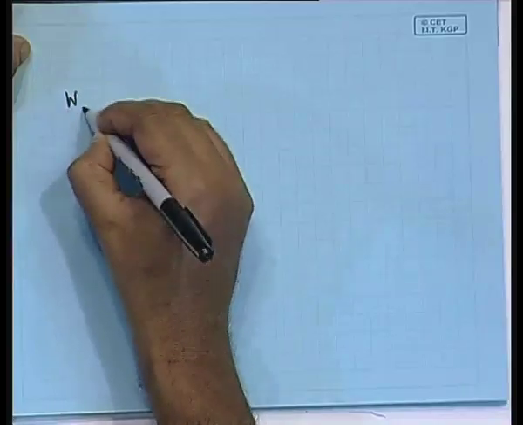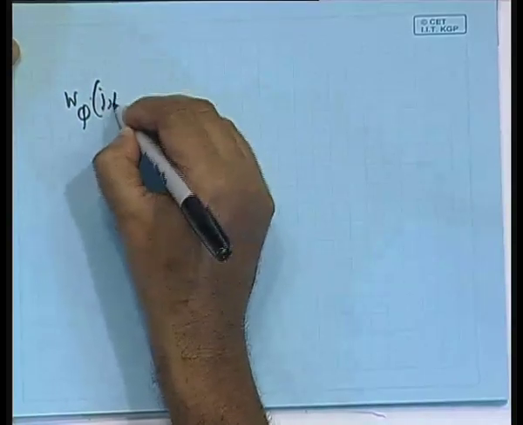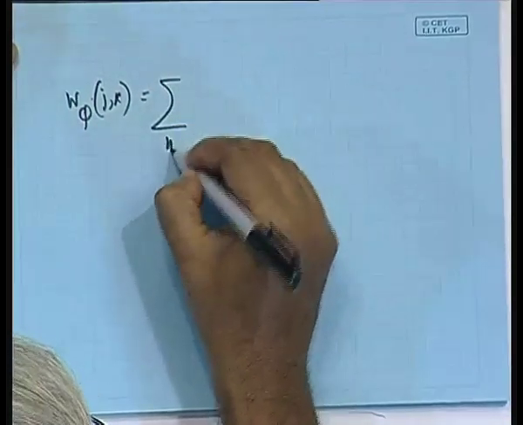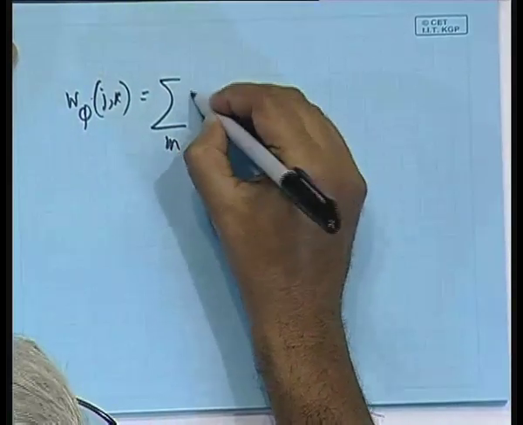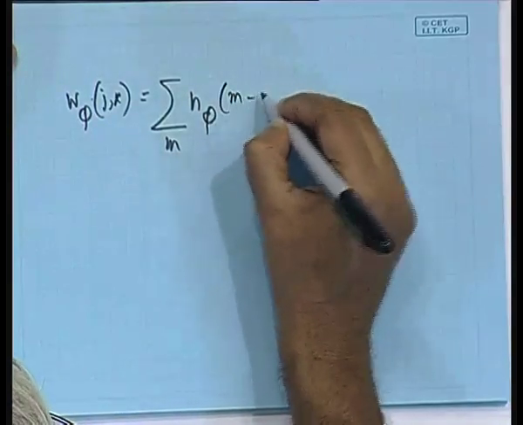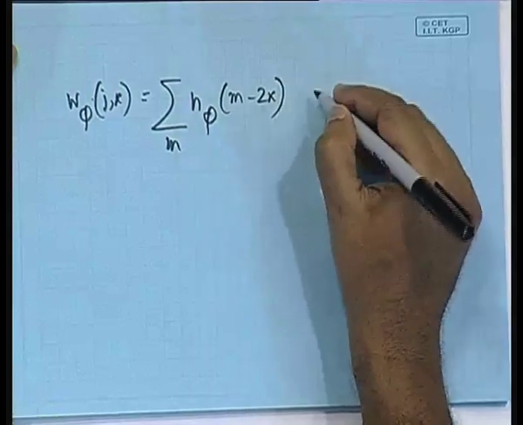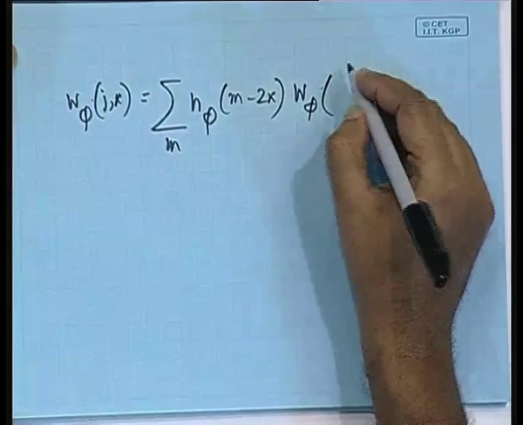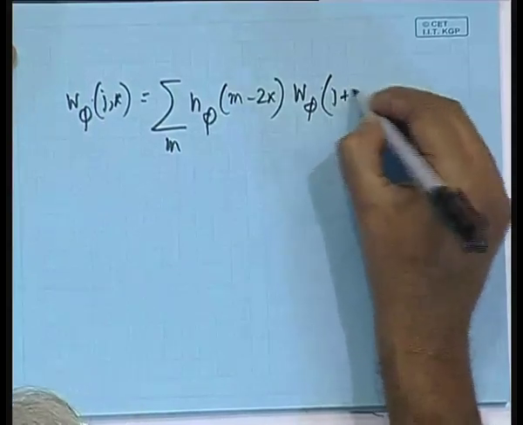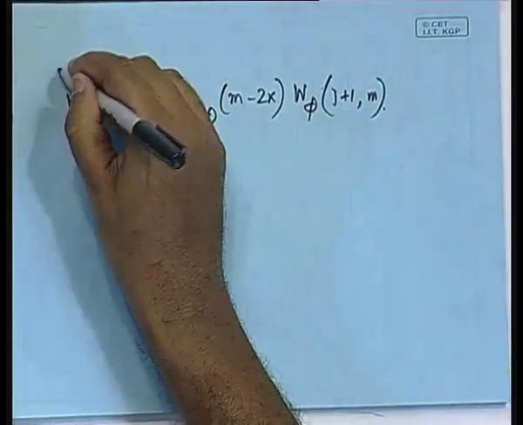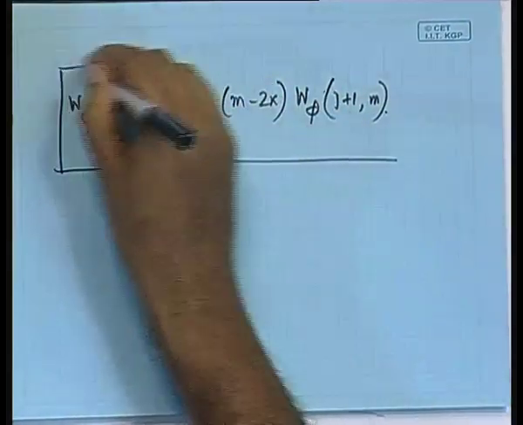And W phi j k in a very similar way can be obtained as summation over m h phi of m minus 2 k into W phi j plus 1 m. This is also a very interesting expression.